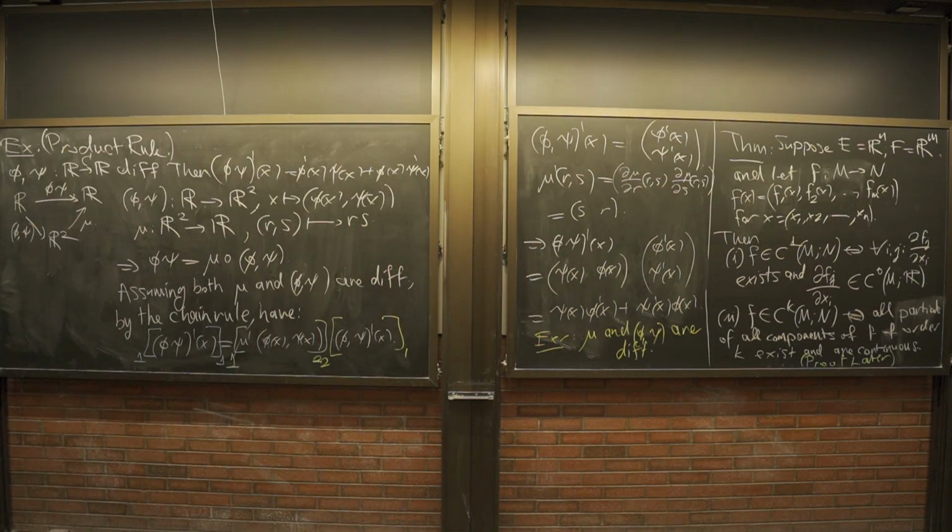Any questions about this example? Another very nice example, of course, is to try to recover the quotient rule. There's also another formula like this for the ratio of two functions. It's more complicated, but you can still recover it using multivariable derivatives.